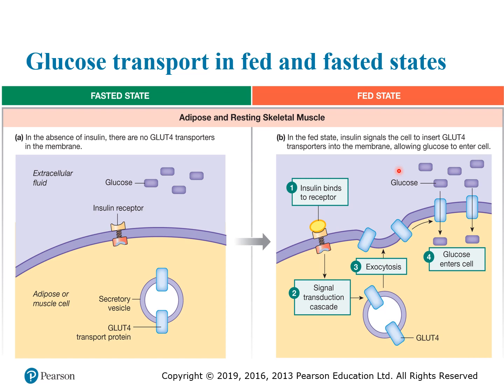So when your glucose levels increase in your blood plasma, insulin is going to be released by the pancreas. Once insulin is released by the pancreas, it's going to go ahead and bind to a specific receptor on the cell surface.